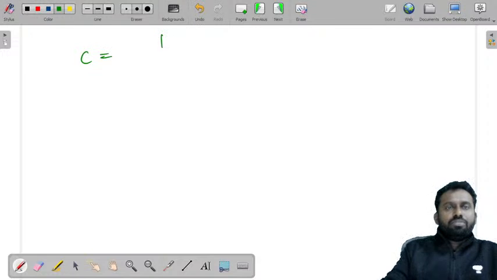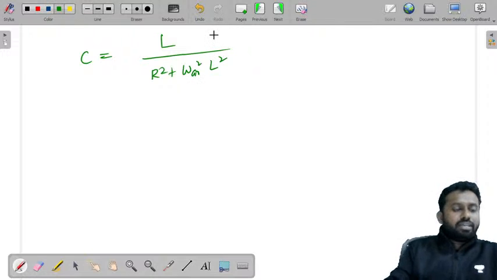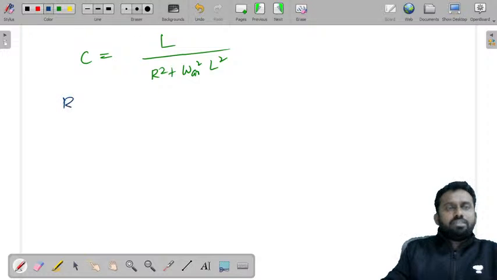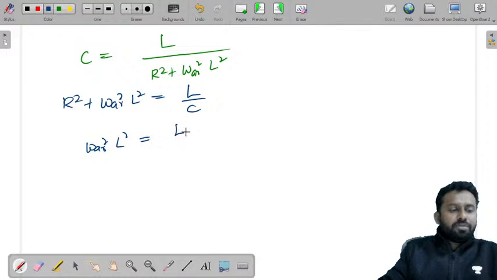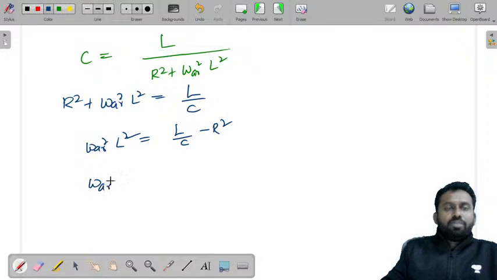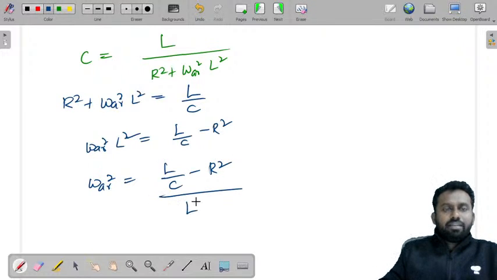So what do you write? C is equal to L by R square plus omega_ar square L square, or in other words R square plus omega_ar square L square is equal to L by C. Omega_ar square L square is equal to L by C minus R square, or omega_ar square is equal to L by C minus R square by L square.